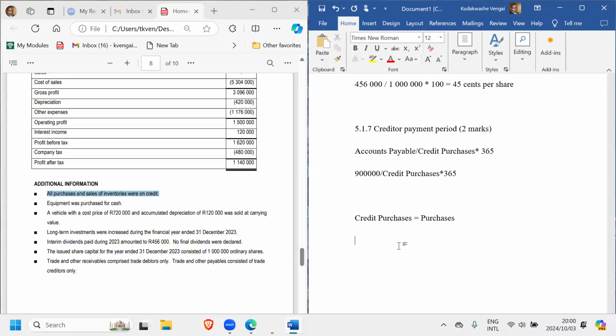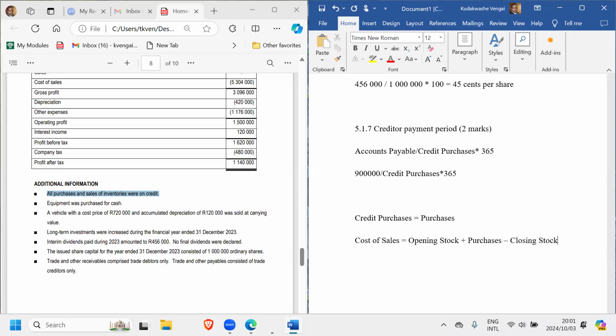Now, remember from our lecture on the income statement, we said that cost of sales is equal to the opening stock, plus the purchases, minus the closing stock. I know I've skipped a lot of things there, but they're not in this question and I don't want to confuse you.